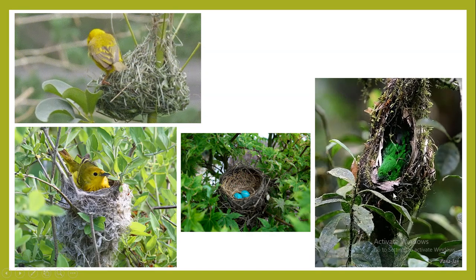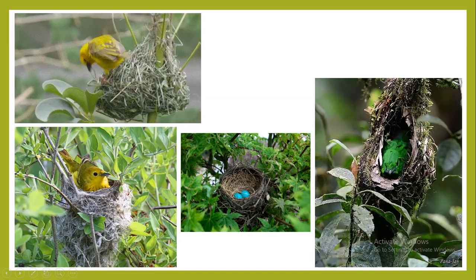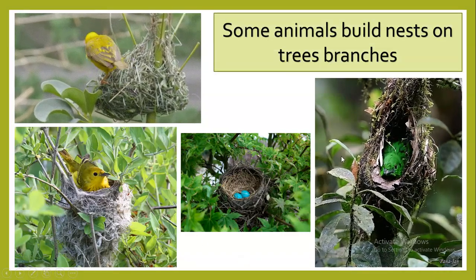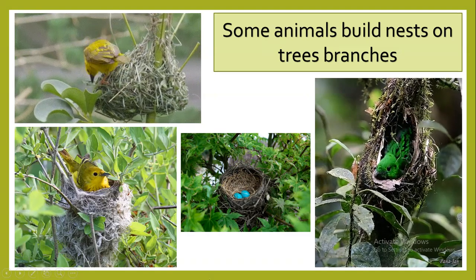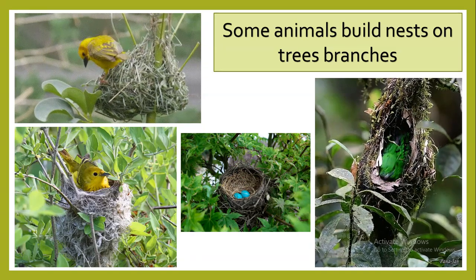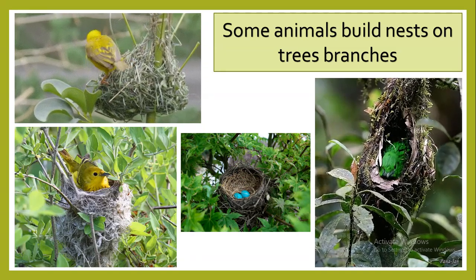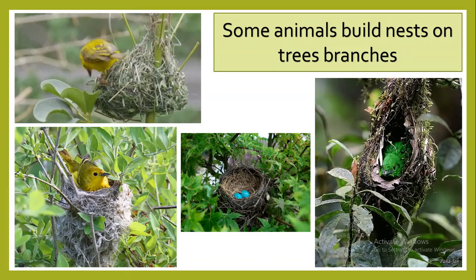What about this bird? This is its nest. So some animals, like birds, build nests on trees' branches. So how do birds use trees as resources? They build nests on trees' branches.